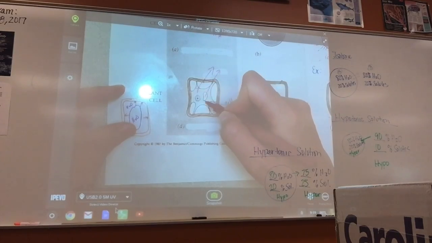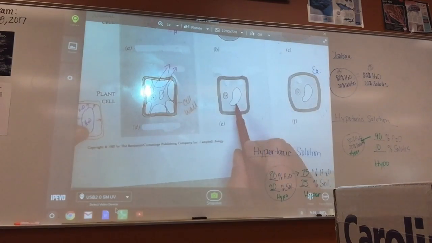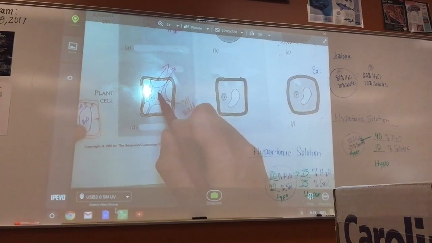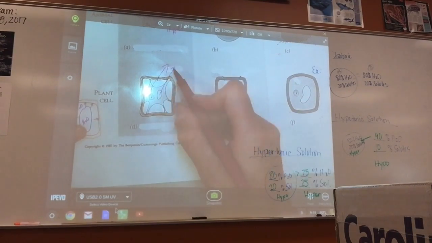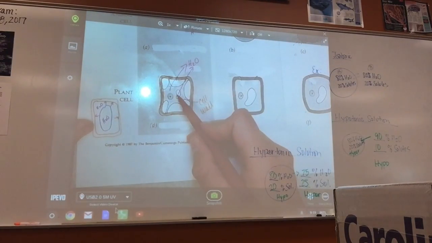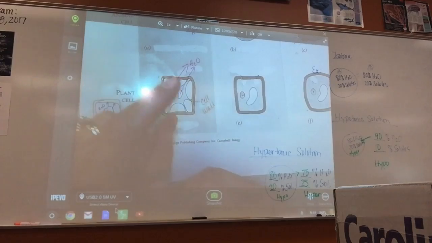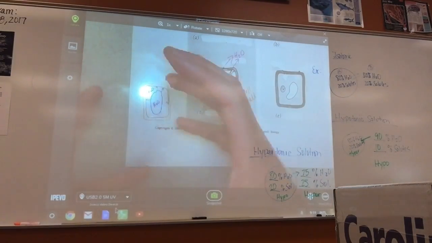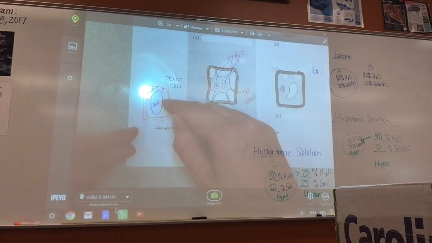This right here is the central vacuole. Notice, compared to the other plant cells, the central vacuole is much smaller here, and that's because water is leaving the plant cell via the central vacuole as well as the cytoplasm.